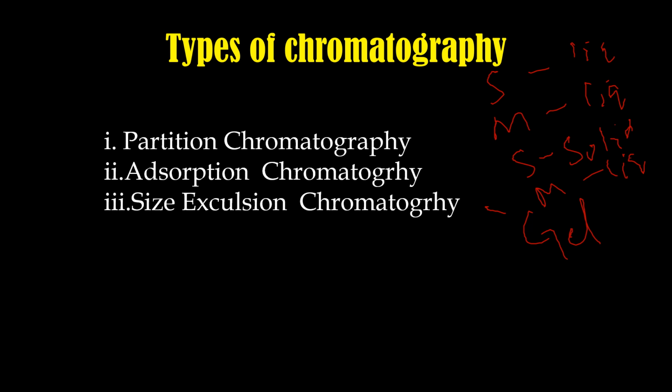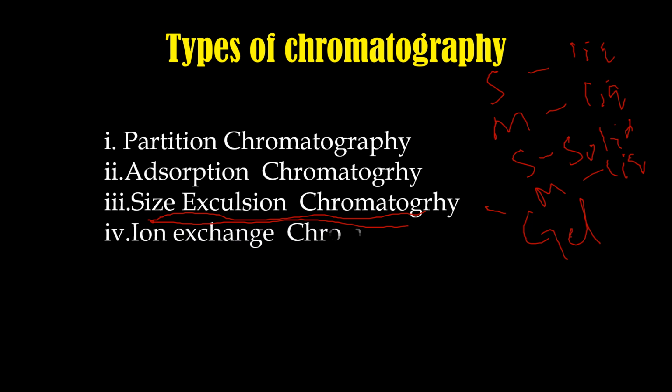It separates the solute based upon the size of its particles. Fourth one is the ion exchange chromatography. In this chromatography, we separate the positive and negatively charged compounds, meaning it's for polar or ionic natured compounds.